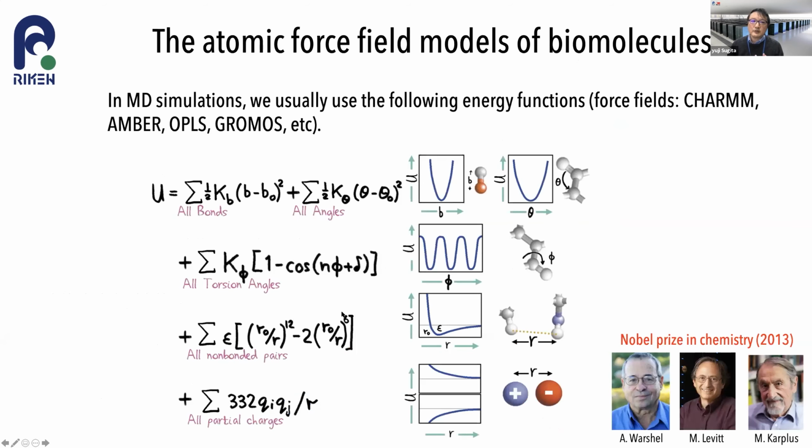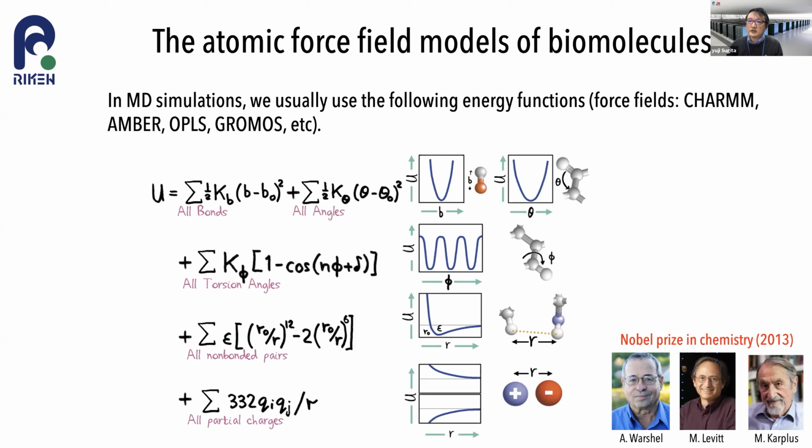Typically, we use a classical force field, that is, an energy function, basically developed by three famous people who received the Nobel Prize in Chemistry in 2013. So the theory itself is quite simple. However, we believe that it is quite useful to understand biological phenomena.